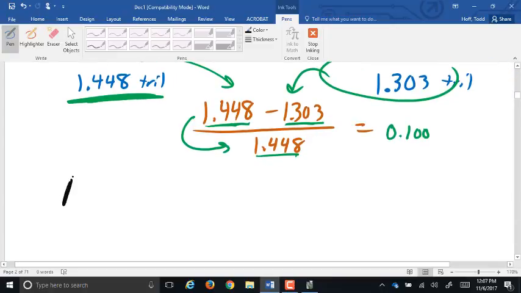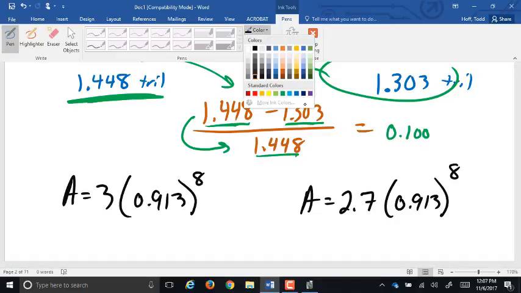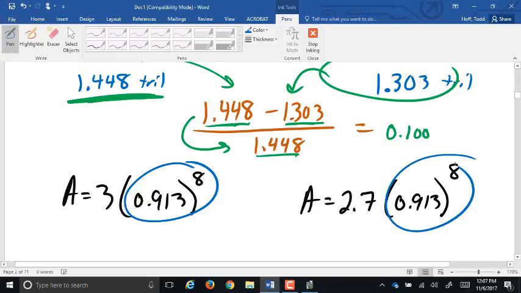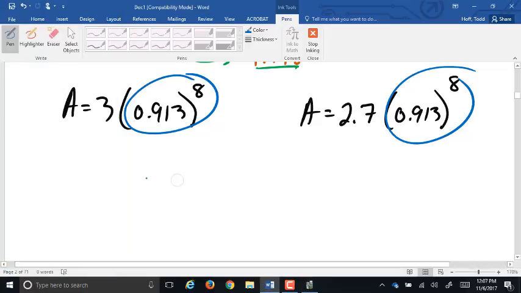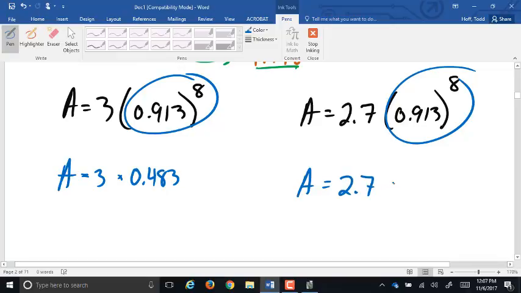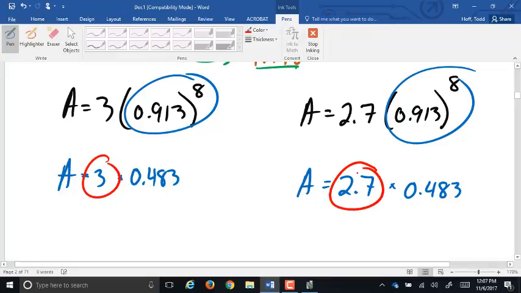Well, let me show you something here. In these models, when you go to solve this, you've got 0.913 to the power of 8 here, both times, right? 0.913 to the power of 8 is going to be 0.483 no matter what. So all that has changed here is this number.